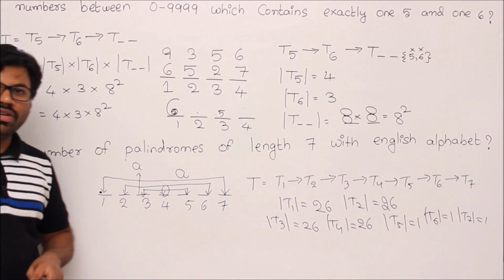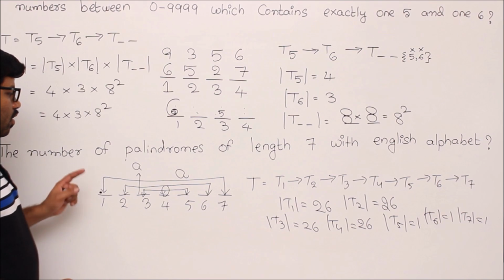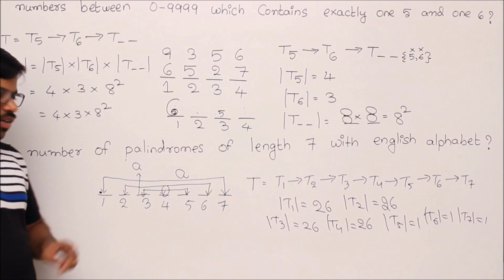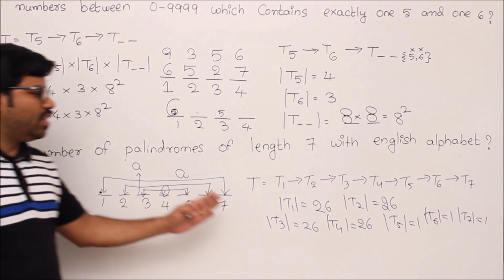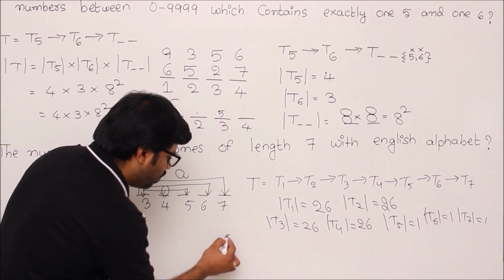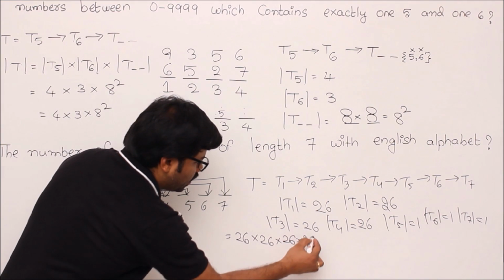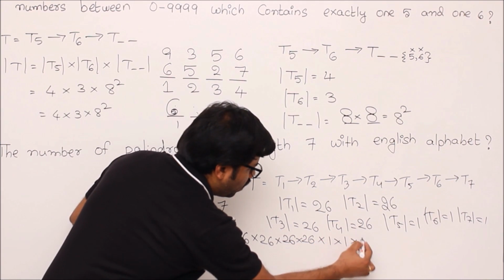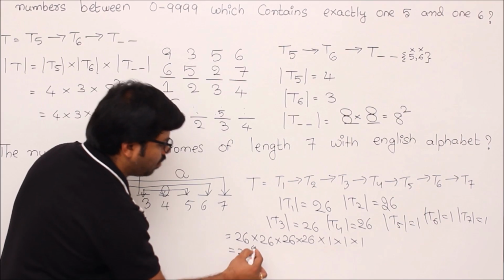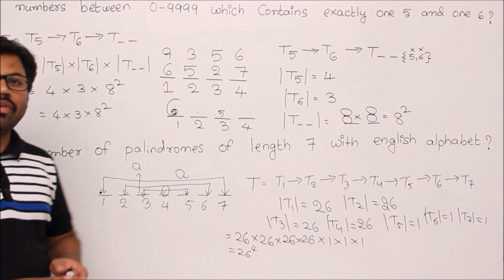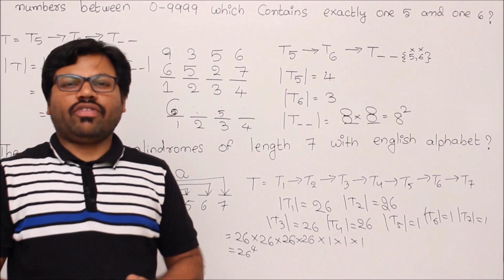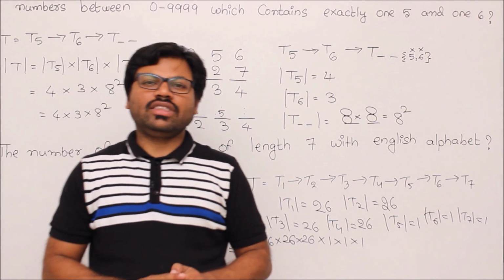According to the product rule, the total number of ways of forming palindromes is filling all 7 positions with these possible ways. Then it becomes 26 into 26 into 26 into 26 into 1 into 1 into 1, which is 26 power 4. So there are 26 power 4 palindromes with 7 positions where the alphabet is the English alphabet.